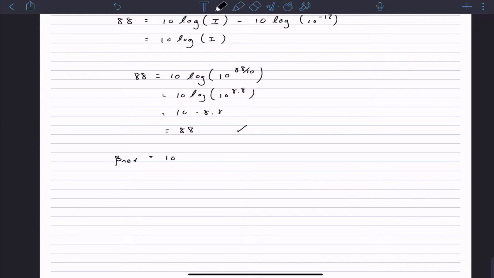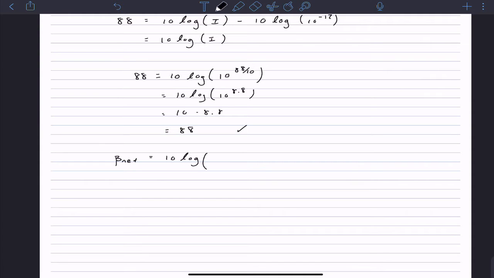What would we do? We would take each tool. This is going to be the sum inside, because we want to sum up the intensities, not the decibel level. The decibel level is on a logarithmic scale. The intensities are a little more straightforward.